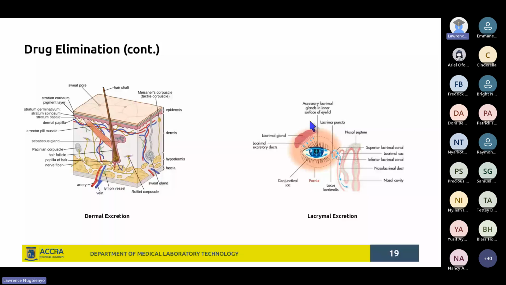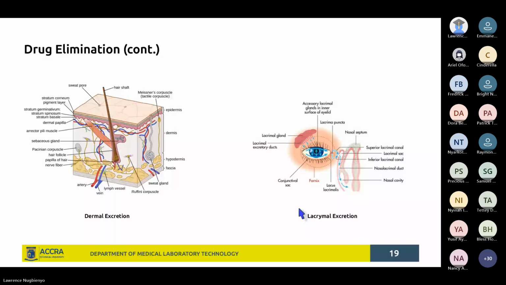So some drugs are excreted through there as well, what we refer to as lacrimal excretion. And the tears are not only coming from the eyes, but tears can pass through the nose, coming out as well.